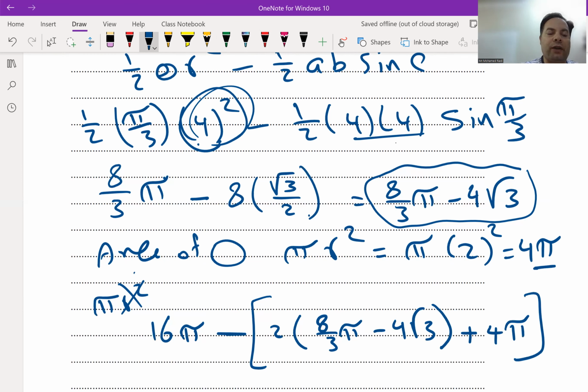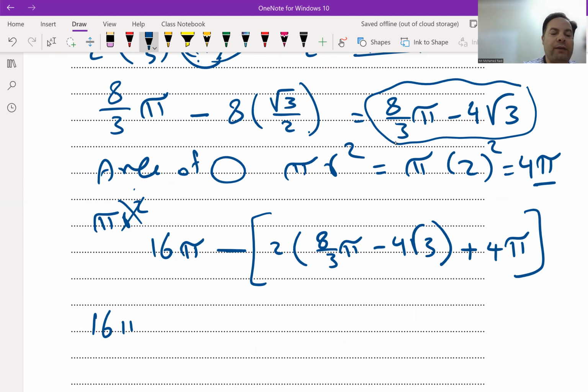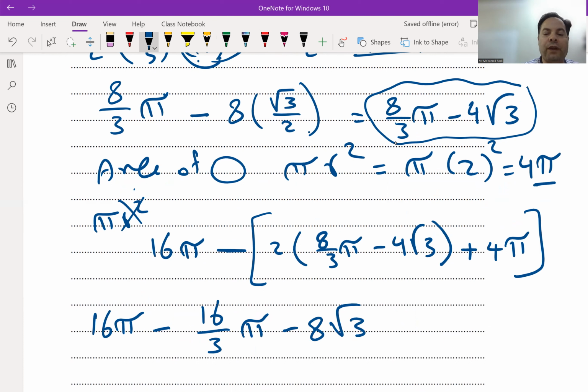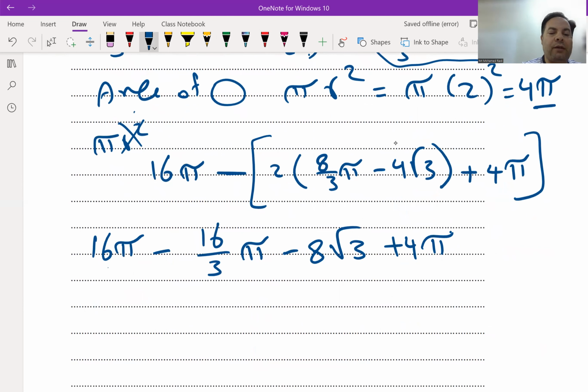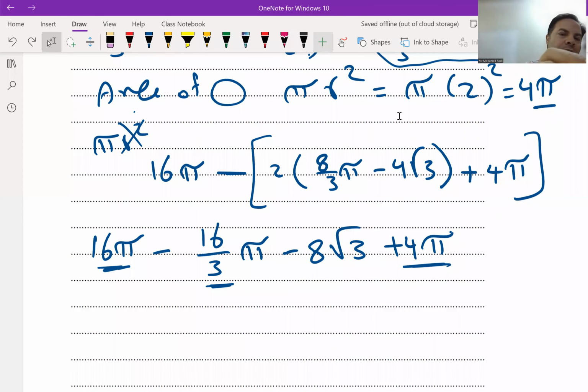Try to simplify your answer. 16 pi minus 2 by 8 over 3 pi is 16 over 3 pi. Minus 2 by minus 4 root 3 is plus 8 root 3. Minus 4 pi. Simplify more. 16 pi minus 16 over 3 pi minus 4 pi. Calculate it, then keep your answer exact as it is. We continue to simplify the answer.